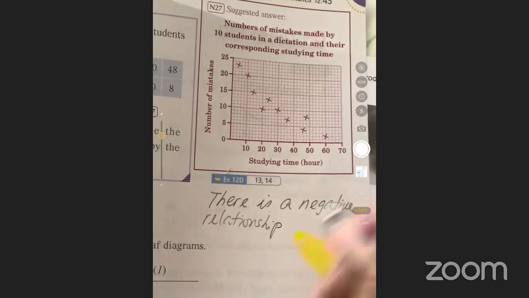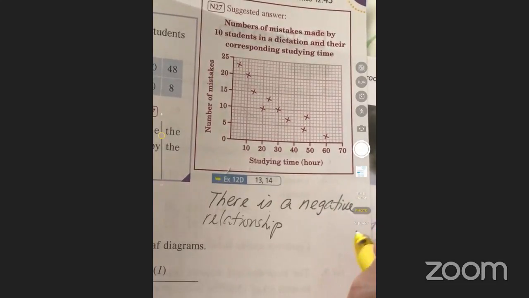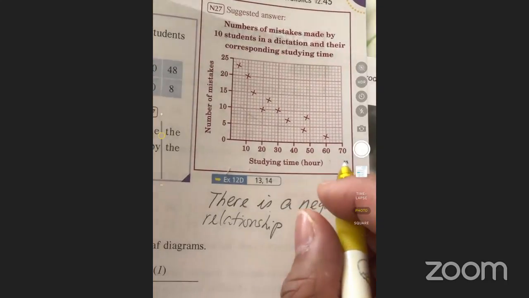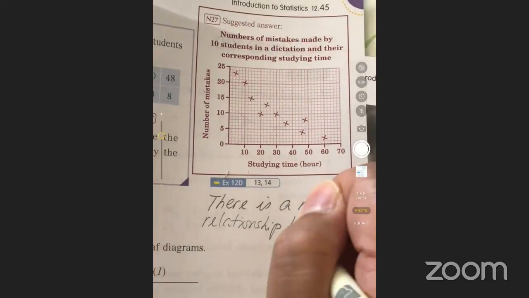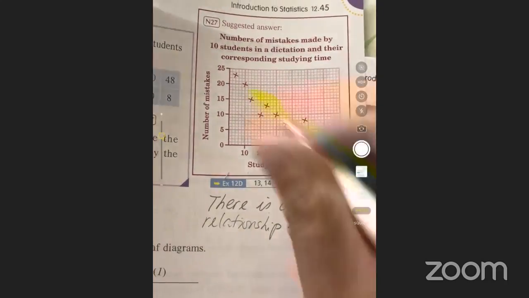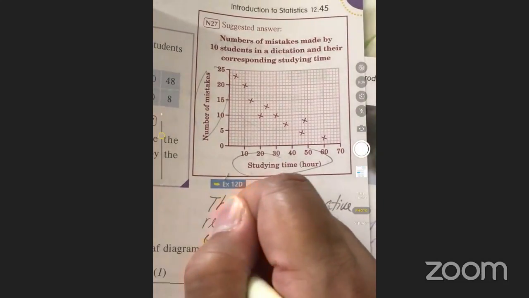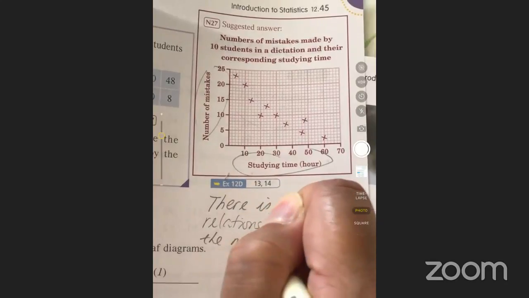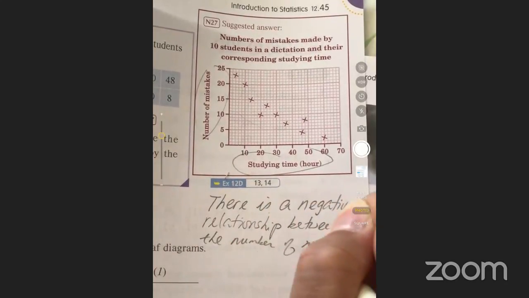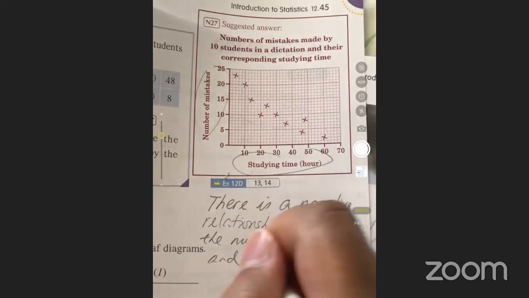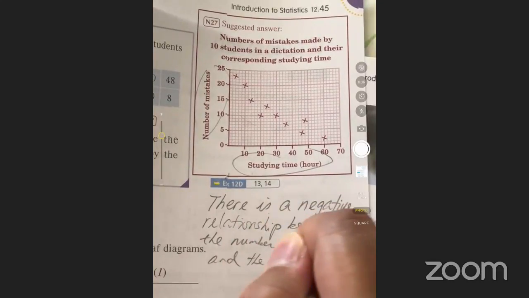Okay, there is a negative relationship between the number of mistakes and the studying time.